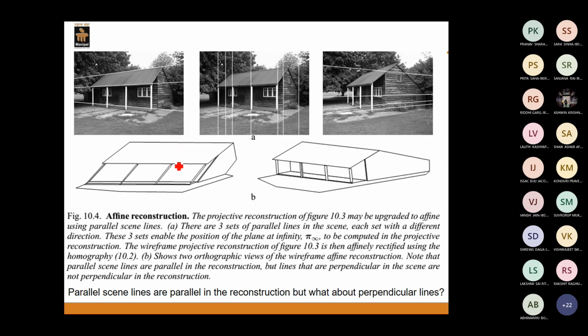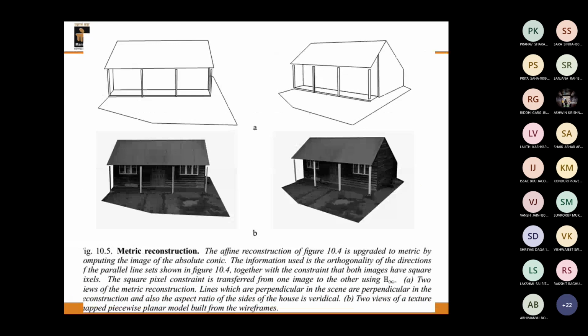Similarly, any set of parallel lines would still remain parallel. However, the lengths as well as the angles between the different lines would differ in an affine reconstruction. But if you go to a metric reconstruction, the parallel lines remain parallel.